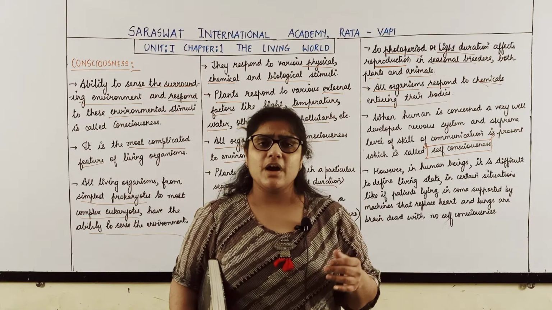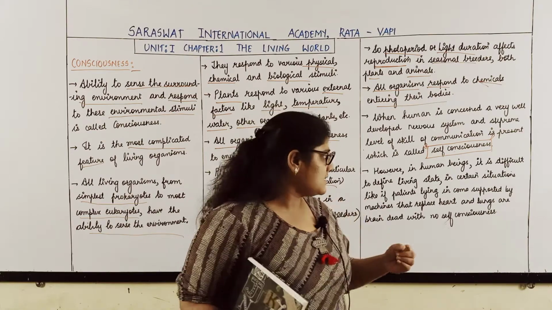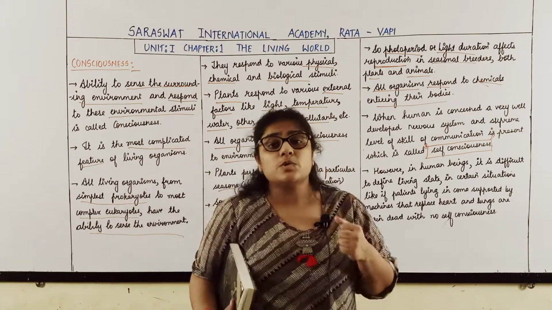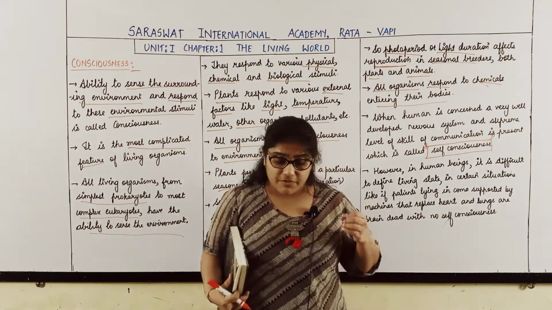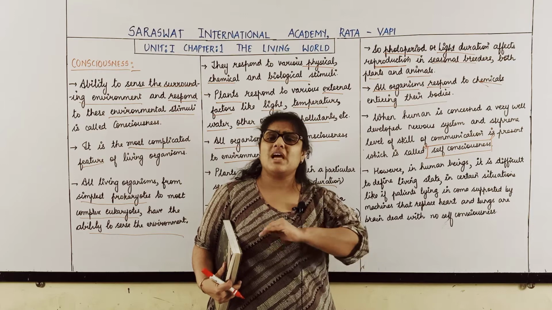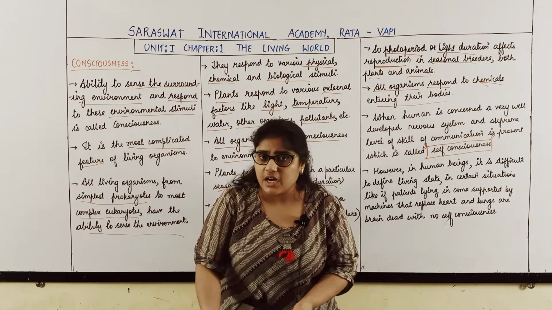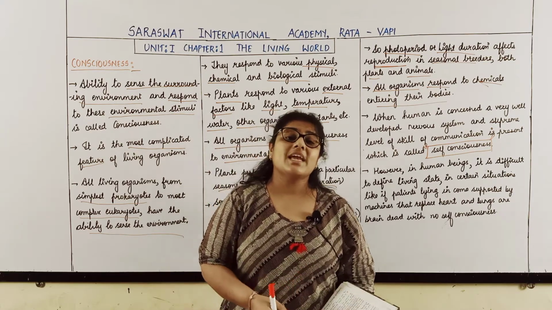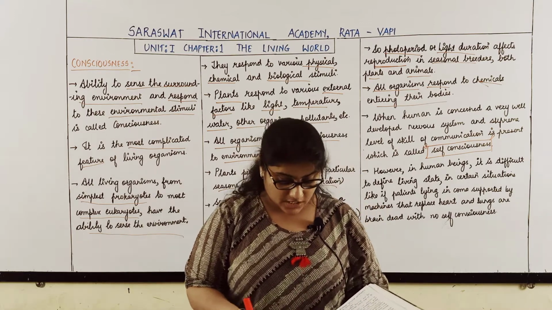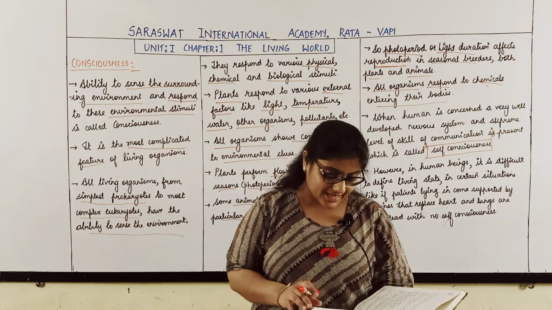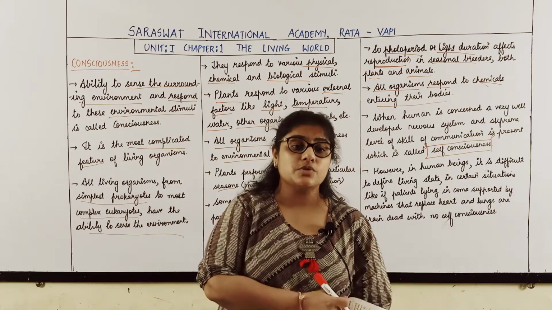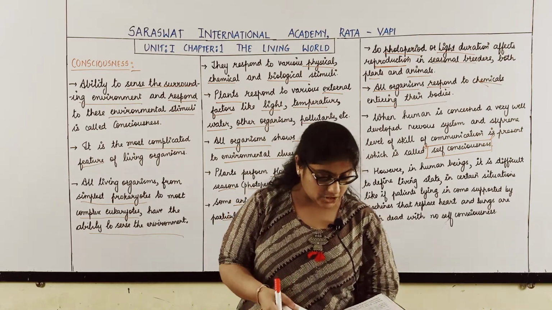As we have a very well developed nervous system, as well as a supreme level of communication, we can respond to stimuli very quickly, as well as predict the possible changes of the surroundings, so that we can prepare according to the surrounding situation, right?